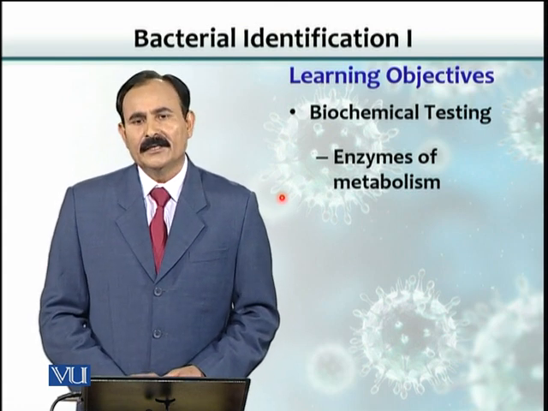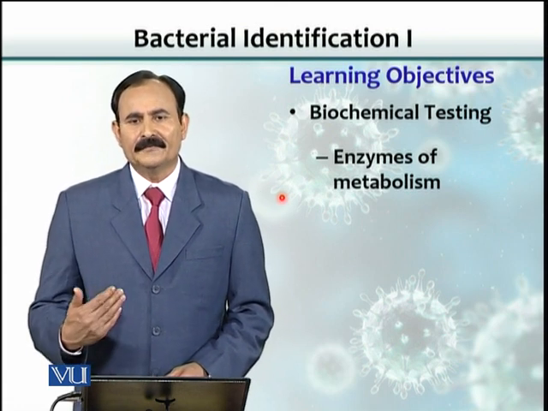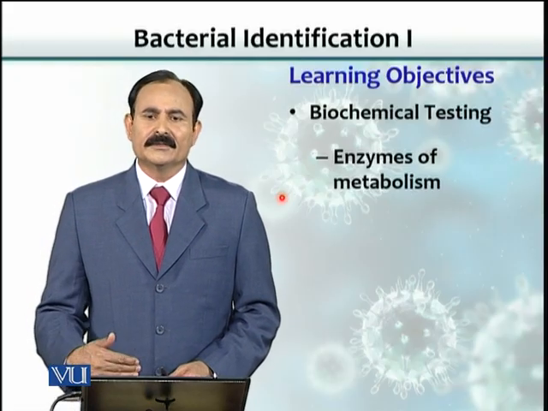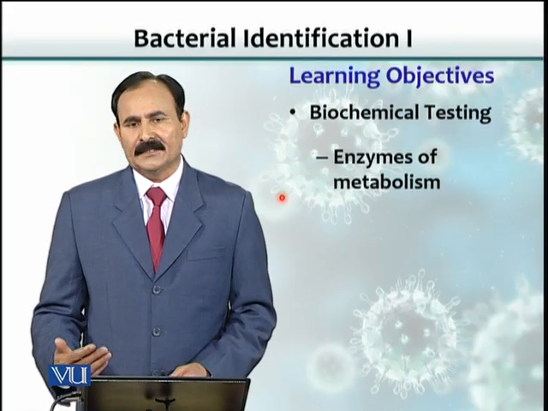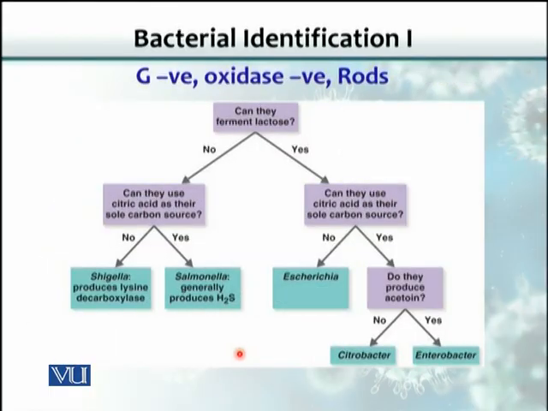So based on their ability, for example, to ferment glucose or sucrose or lactose, we can categorize them, and that helps in their identification. This is just an example of gram-negative, oxidase-negative rods.